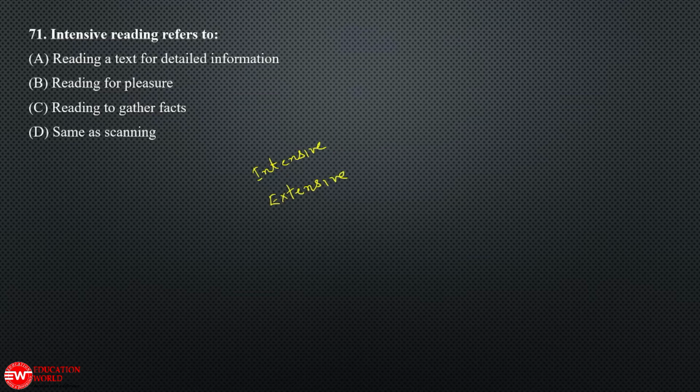Intensive reading is that type of reading where we read something going into detailed information, that is called intensive reading. And extensive reading is also called pleasure reading, or reading for joy.